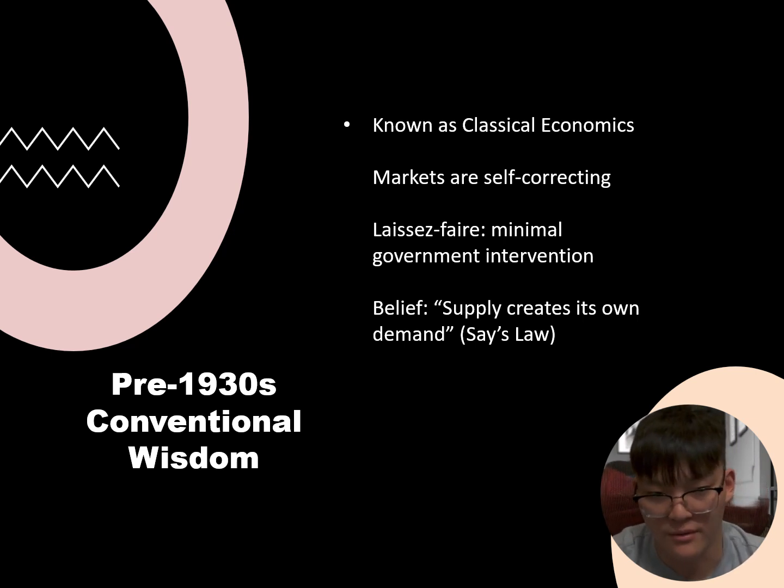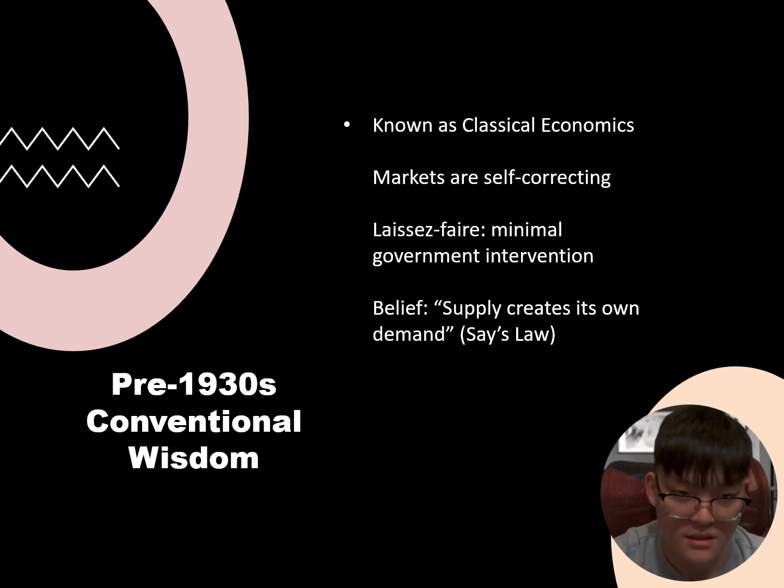If unemployment rose, for example, wages would fall, making it cheaper for firms to hire workers again, restoring that balance without governments getting involved. This belief is summarized by Say's law, which stated that supply creates its own demand. In other words, producing goods automatically generates income and spending.